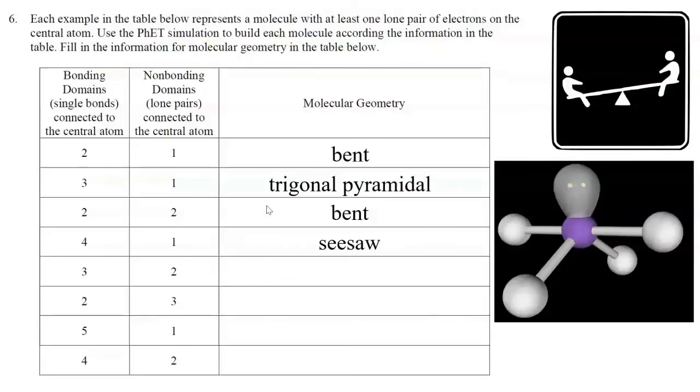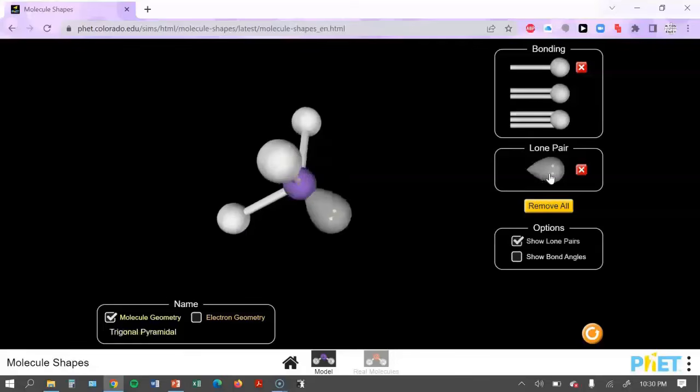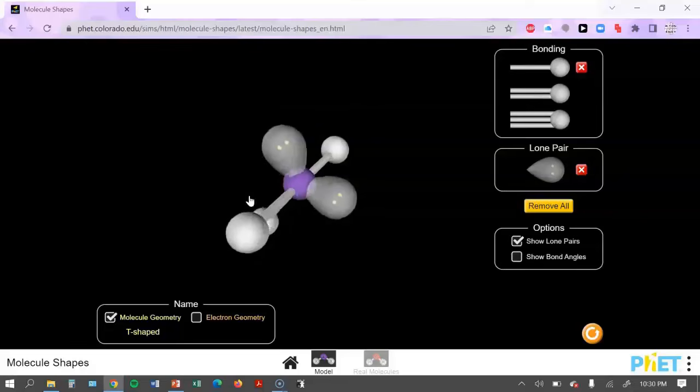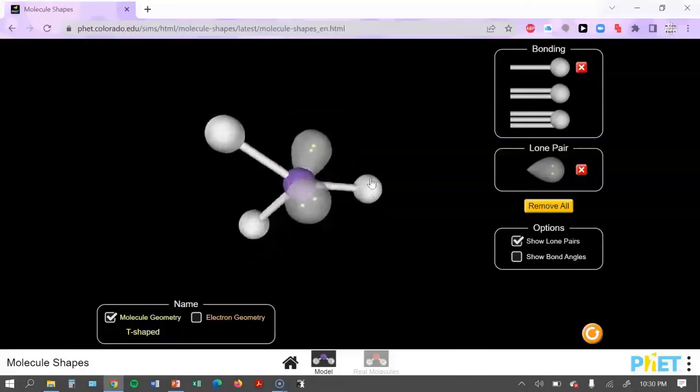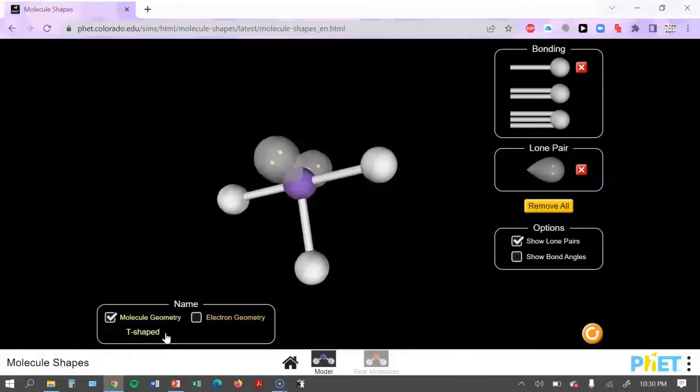All right, looking at our next example in the table, we need 3 bonding domains and 2 non-bonding domains. Okay, let's add 3 bonds, 1, 2, 3, and 2 lone pairs. So the name of this particular molecule is T-shaped.